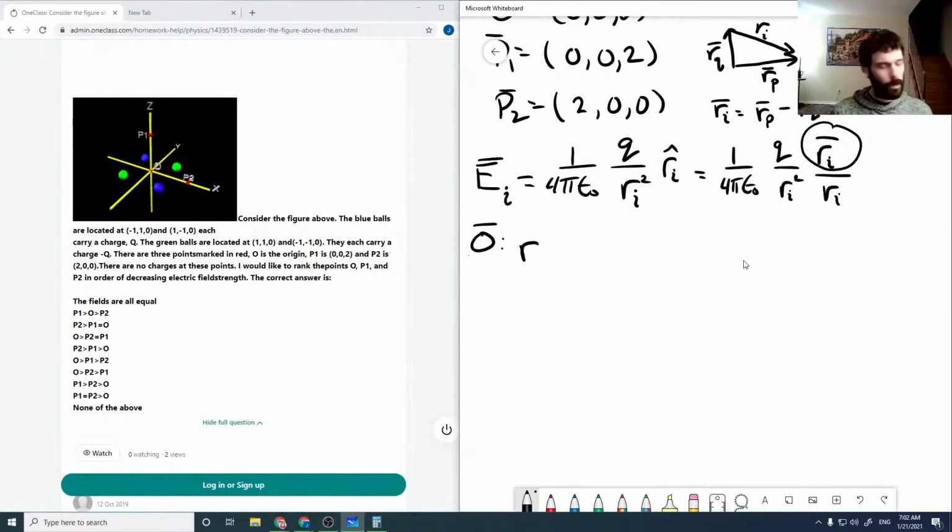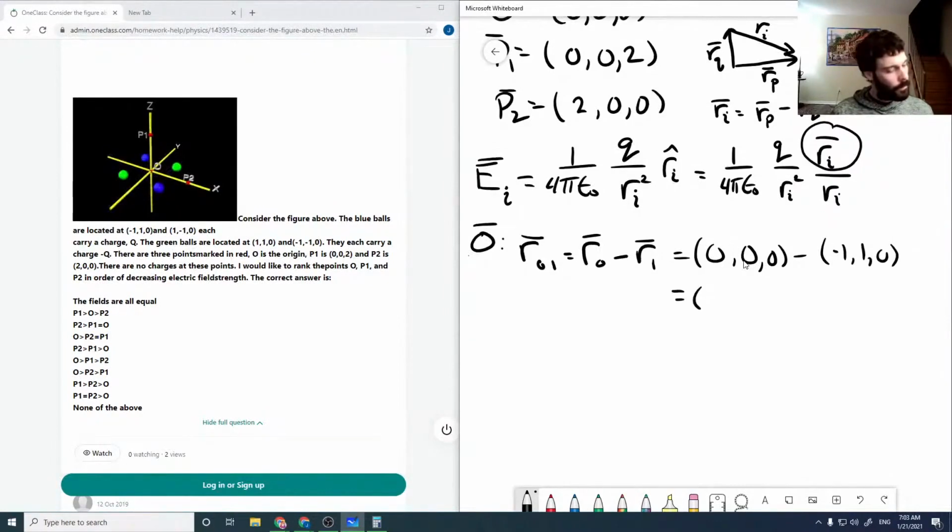Okay, so now we're looking for RO1, and so then that's RO minus R1, which is 0, 0, 0 minus 1, 1, 0, which is 1 x hat minus 1 y hat.